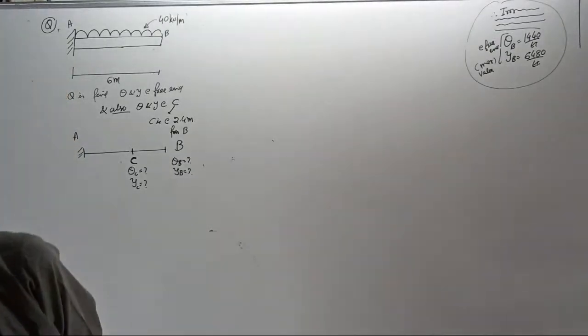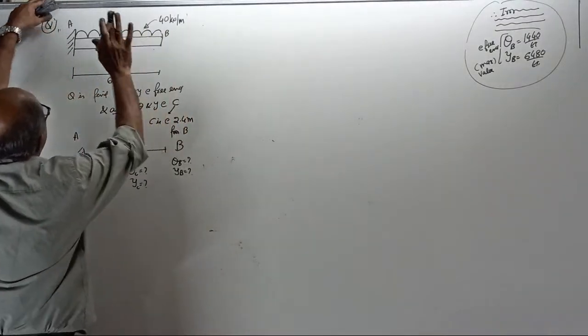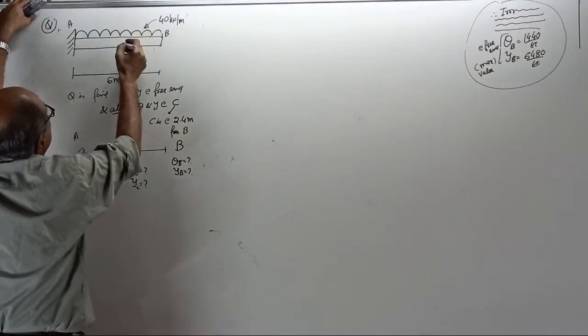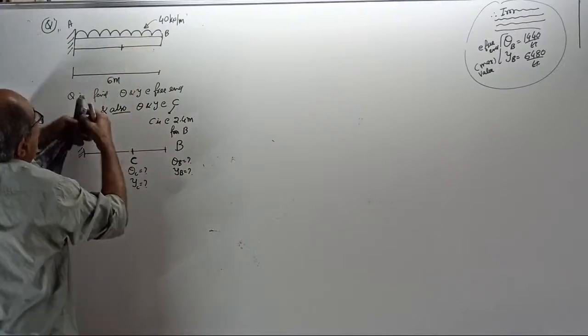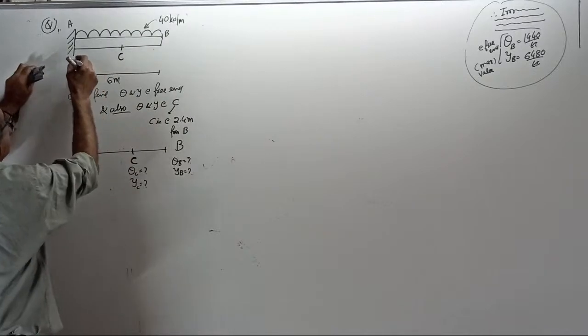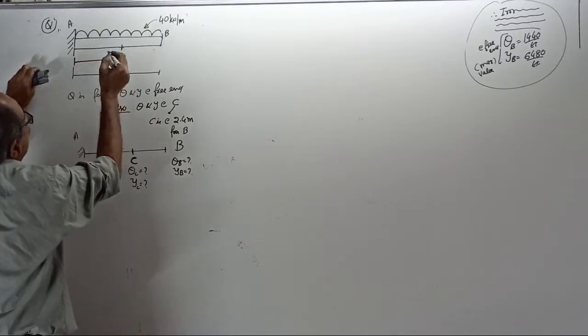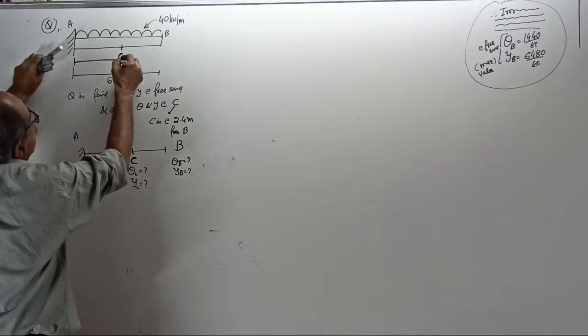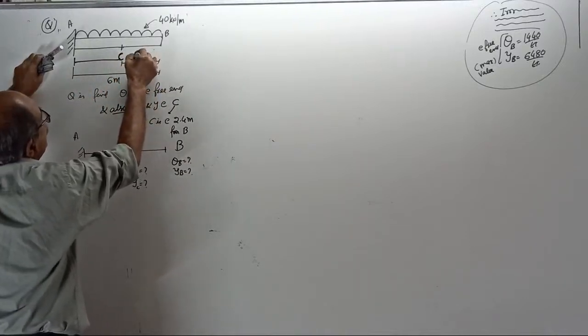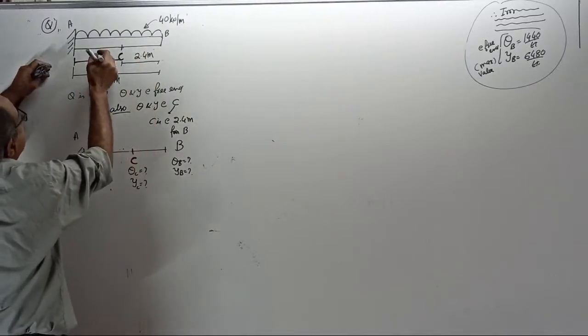Okay. Now, start. First, see. Now, put the sketch once again. There is a new point here where I want red color. Point called C. Remember, this distance is in red color. They told from the free end 2.4 meter, means from the fixed end 3.6 meter.